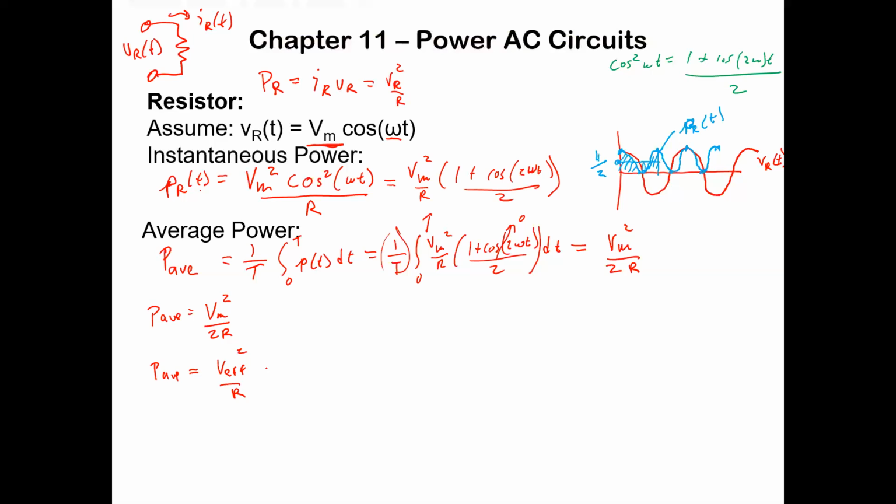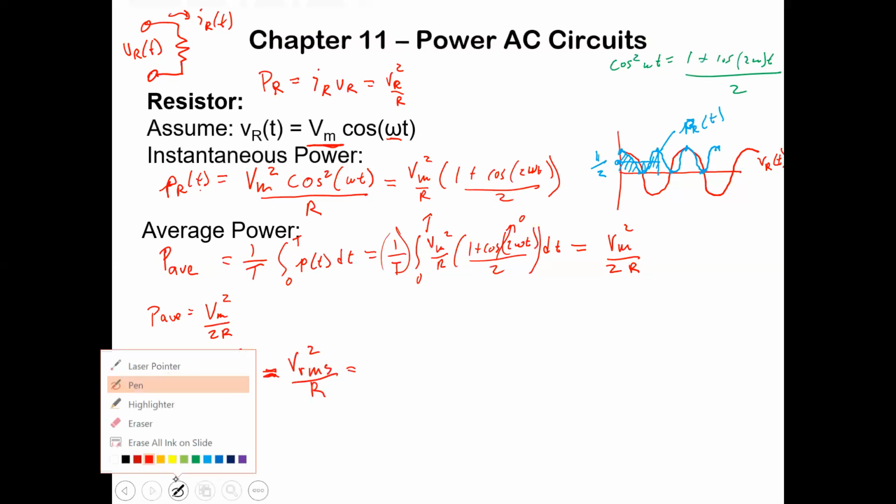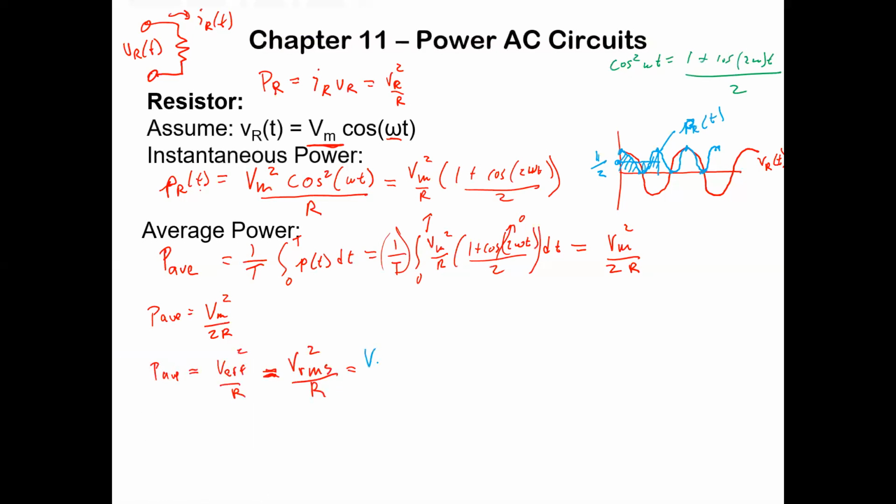And you could think of that as, instead of V effective, there is a term that does that for us. It's called VRMS. And the RMS power has an averaging effect built into it. VRMS squared over R is the same thing as Vm squared over 2R. And that's only true if VRMS is Vm over root 2.